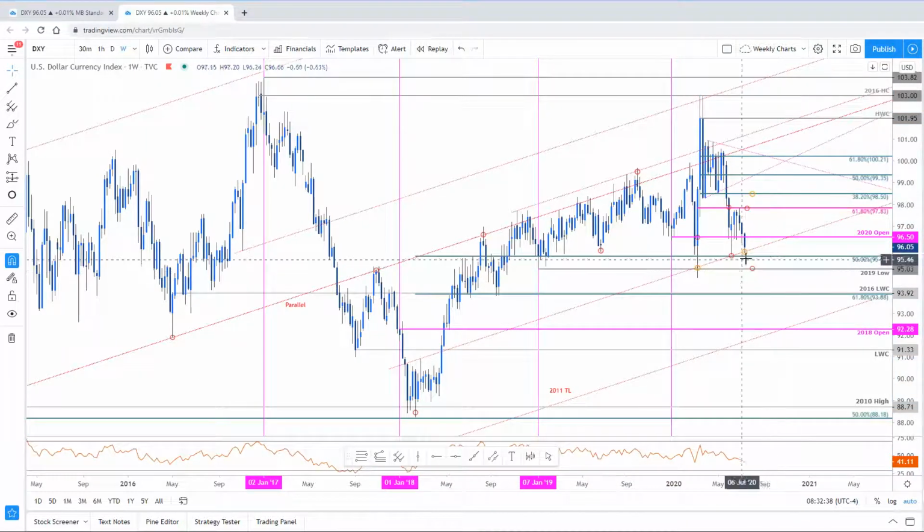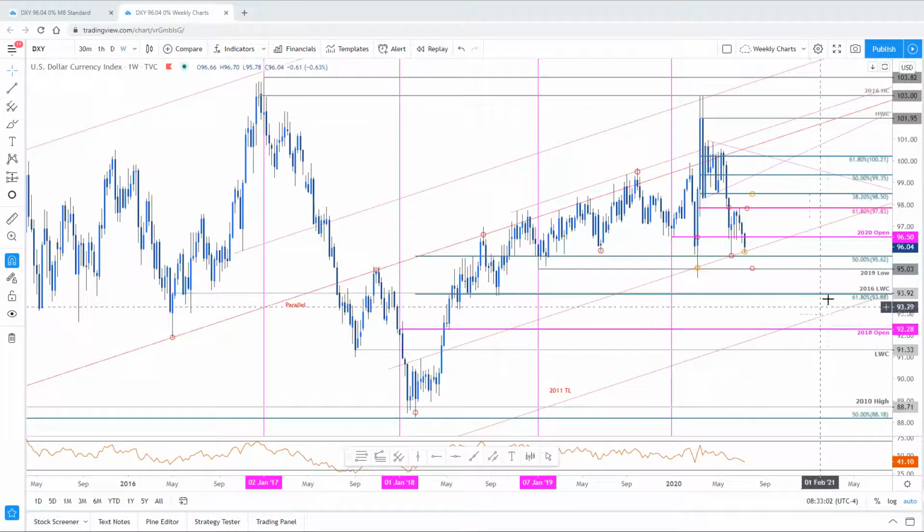95.62 is the level we need to get to really open up the downside for DXY. All things held constant, you're coming into basic Fibonacci support, not really a major level, 50% retracement, although I'll draw your attention to the low week close from January of last year. I'll draw your attention also to the swing lows that we've been making.